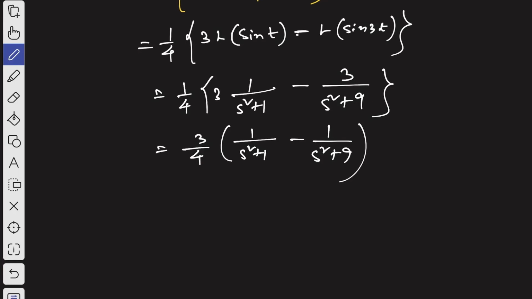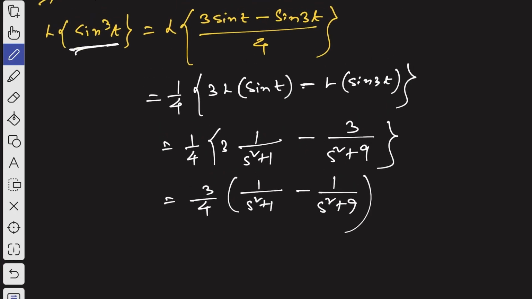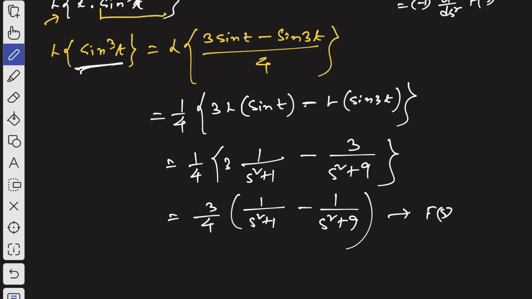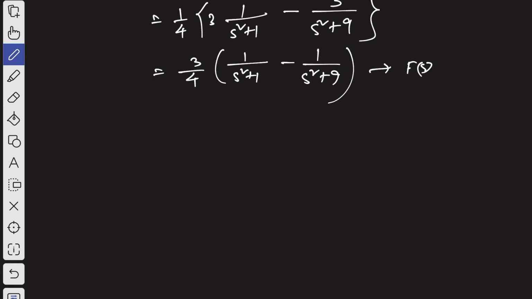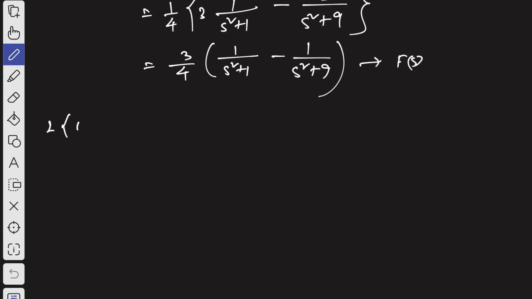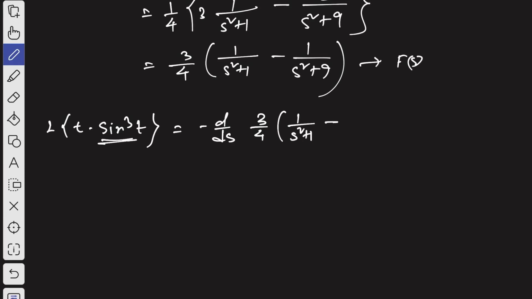Now you can see, if you consider this as f(t), then you can consider this one as F(s). Then apply this formula to find t sine cube t. The Laplace transformation of t sine cube t is (-1) to the power 1, that is simply minus the first order derivative of F(s), that means of the Laplace transformation of sine cube t, which we have got as 3 by 4 times 1 by s square plus 1 minus 1 by s square plus 9.